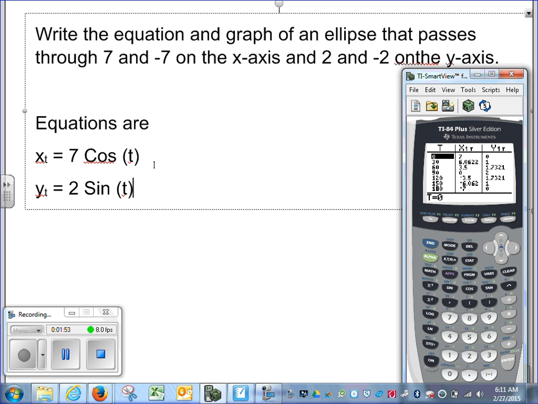When t is 0, I have 7 times the cosine of 0. Well, the cosine of 0 is 1, so that's 7 times 1. And at 90 degrees, cosine of 90 is 0, so I have 7 times 0, that gives me 0.